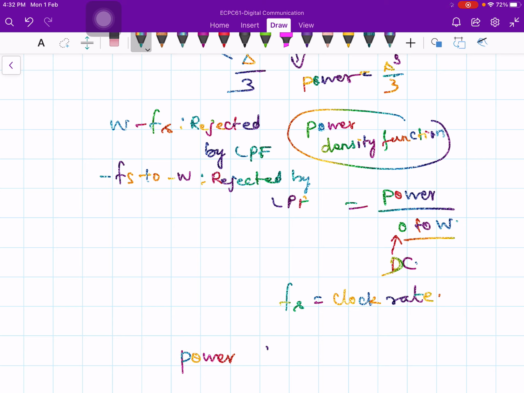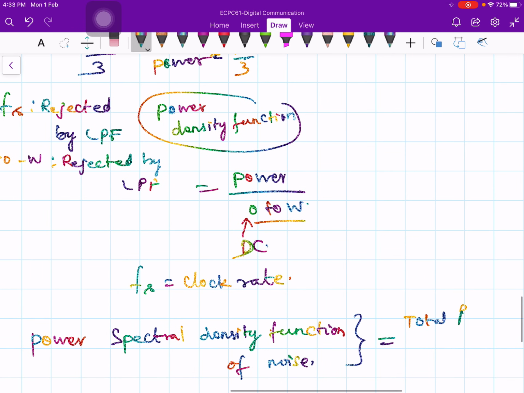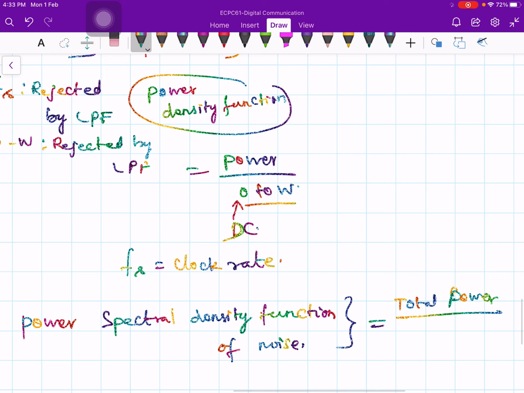Power spectral density function, you know the power, right? Power spectral density function of noise is equal to total power divided by the range of interest.